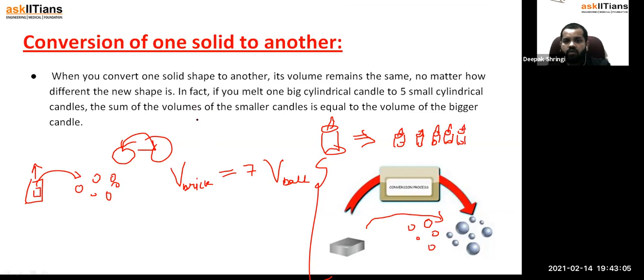So what you have to do is, the volume of your bigger candle, I will write B, will be equal to 5 times the volume of your small candle, right? So basically, our formula: when converting one solid into another, keep in mind that the volume of one solid is equal to the volume of the other solid, right?